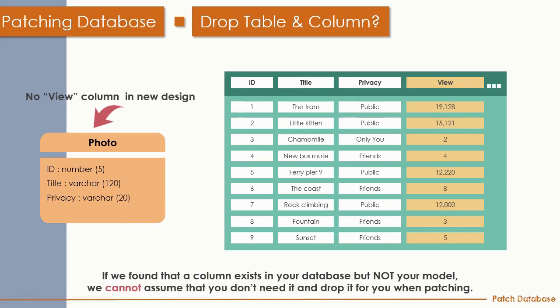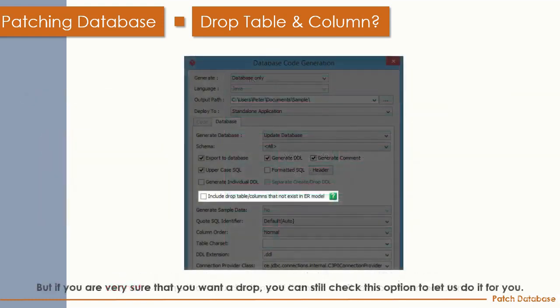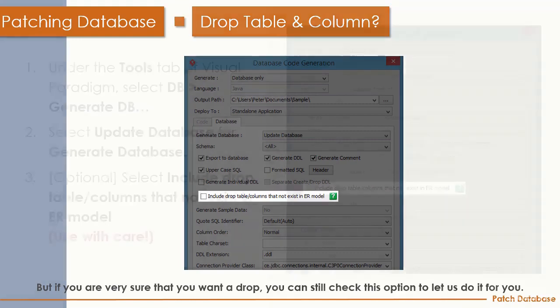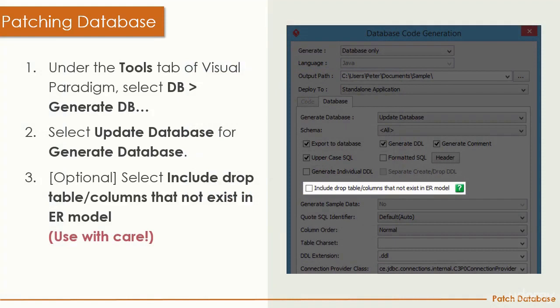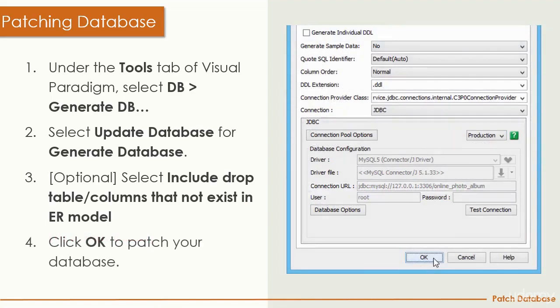So we will not delete it. But if you are really sure you don't need the column, you can tick this checkbox and then we will help you delete this column. That's why we leave this option unchecked by default, and you need to be very careful before you really tick it. Then you just click OK to generate a patch as I demonstrated.